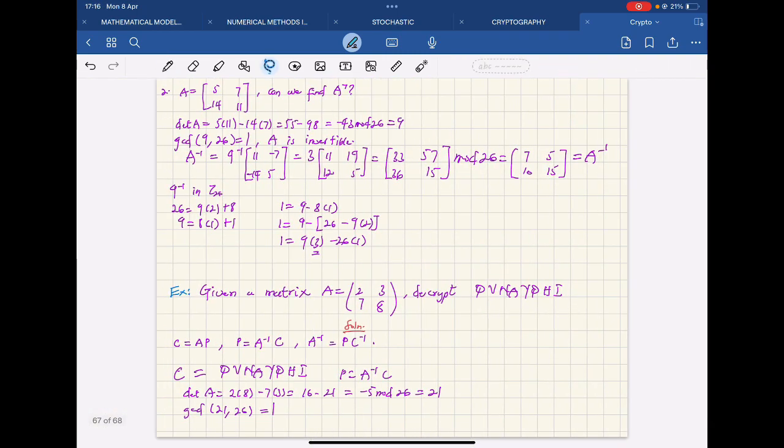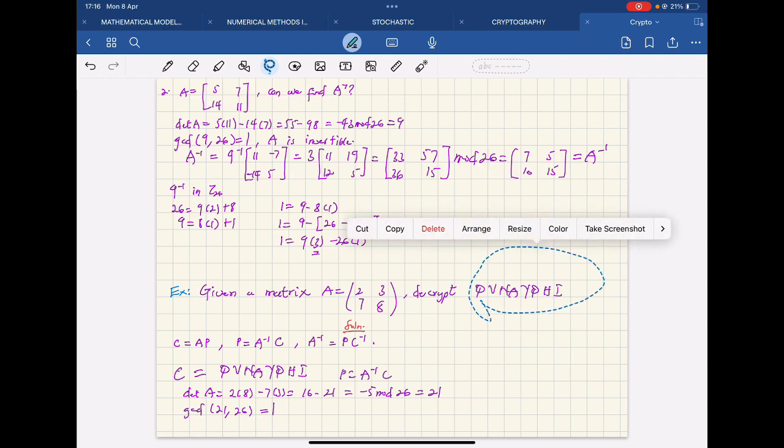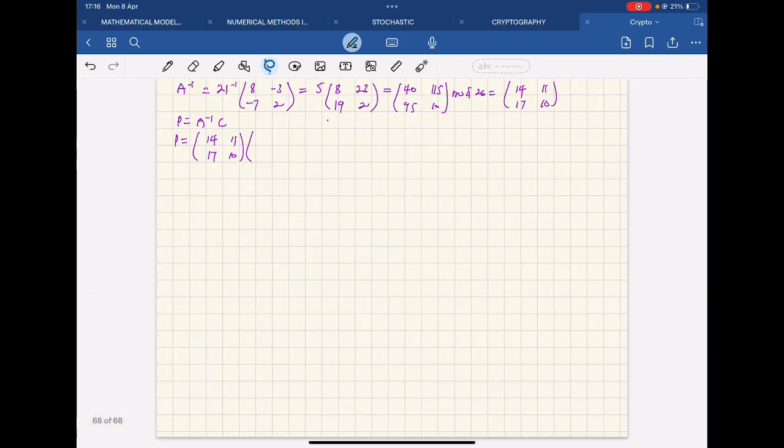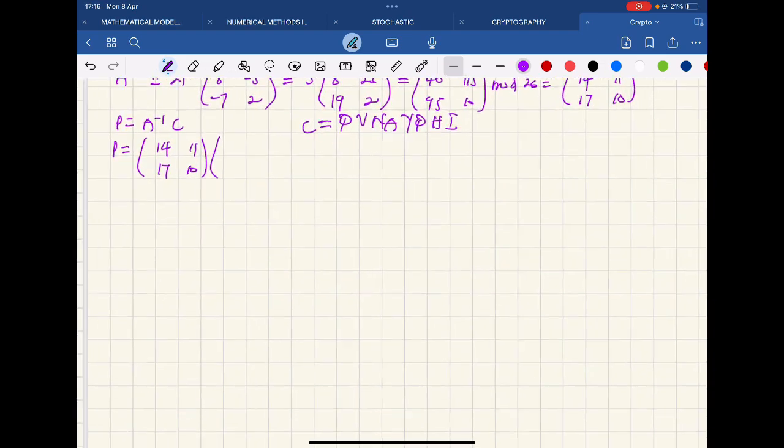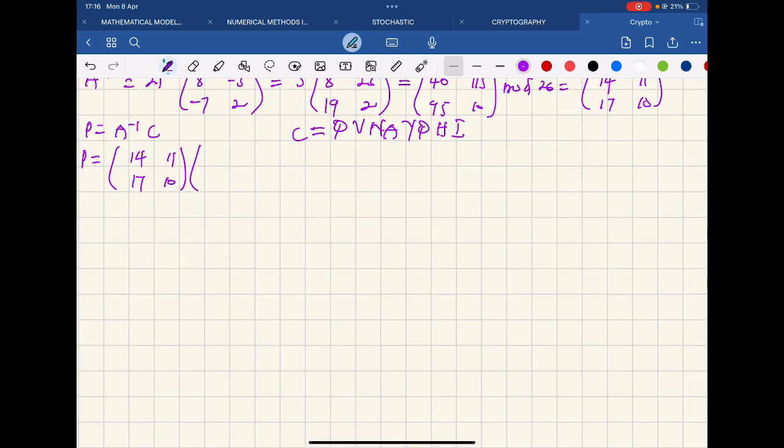So this is our cipher text, right? Now, let's write our cipher text in the form of a matrix.